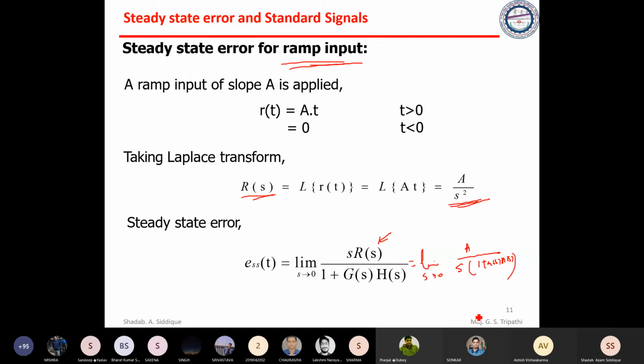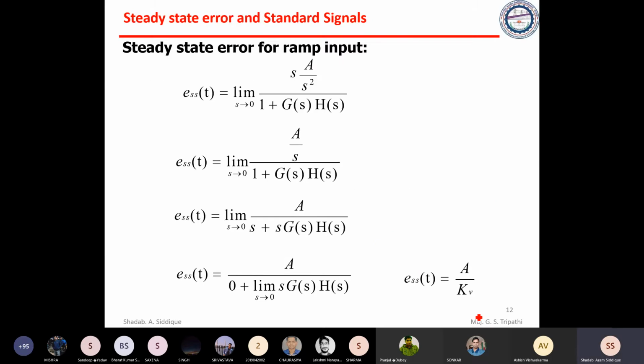Then what will happen? We have A by s times 1 plus G(s) H(s). Multiplying these two terms, we get A divided by s plus s into G(s) H(s). If s is 0, this term will be 0. If this is also 0, then the denominator will be 0 and the error will be infinity.